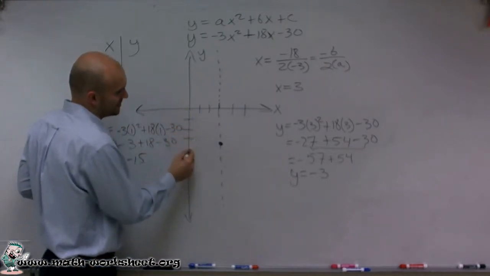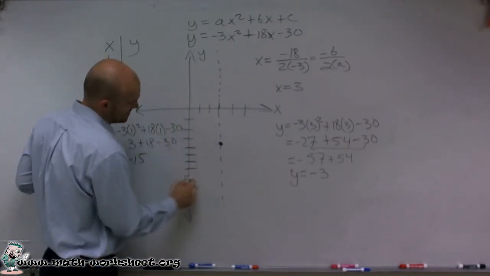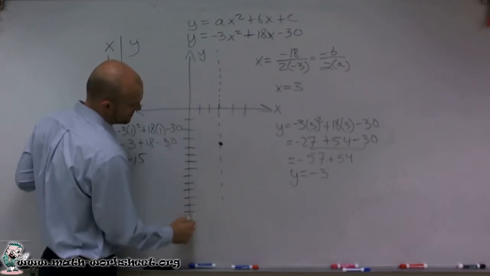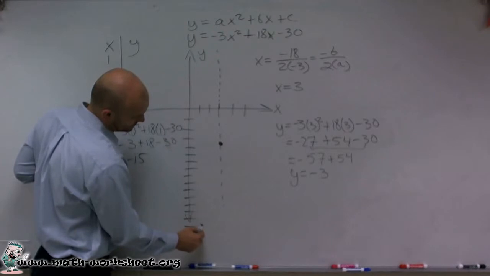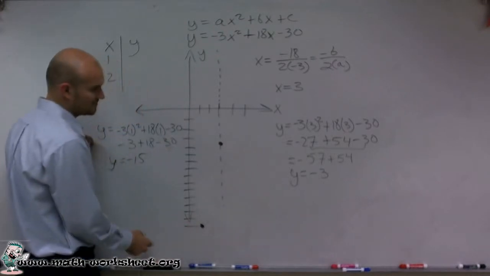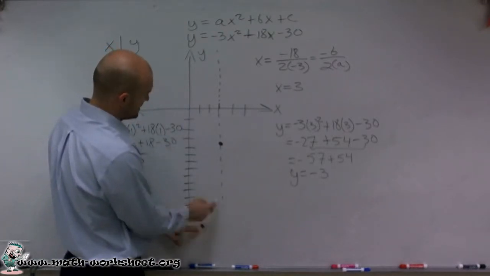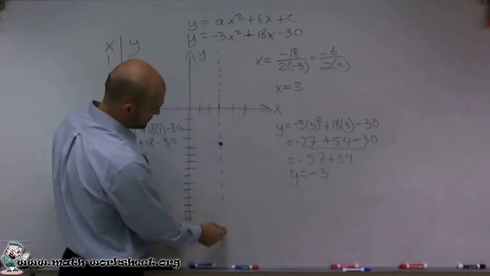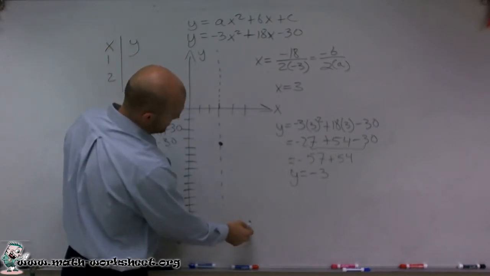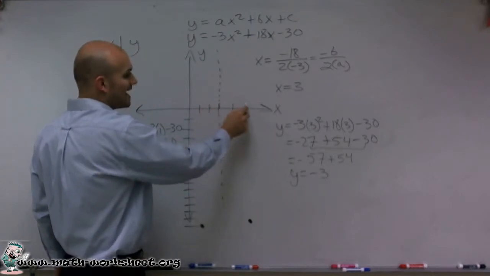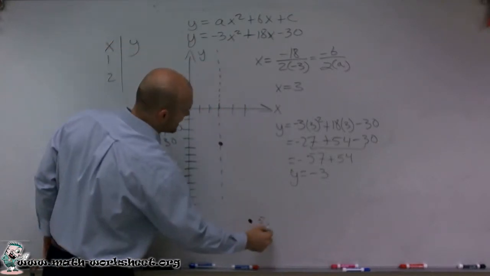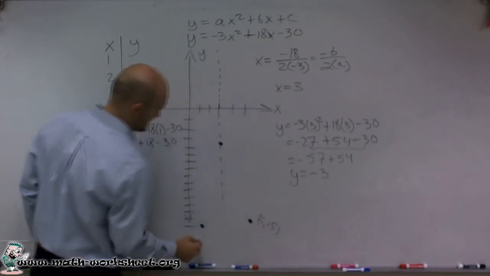So I have 1, 2, 3, 4, 5, 6, 7, 8, 9, 10, 11, 12, 13, 14, 15. So at x equals 1, y equals negative 15. I can notice that my distance is over 2 there, so I'm going to go over 2 here. So what I notice is also when x equals 5, I also get negative 15.